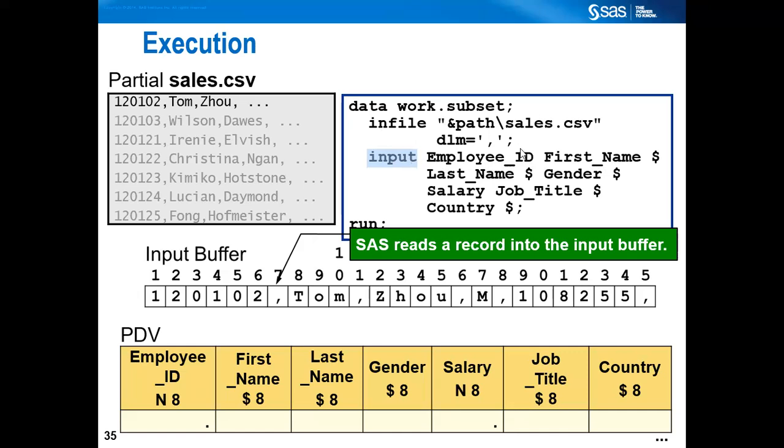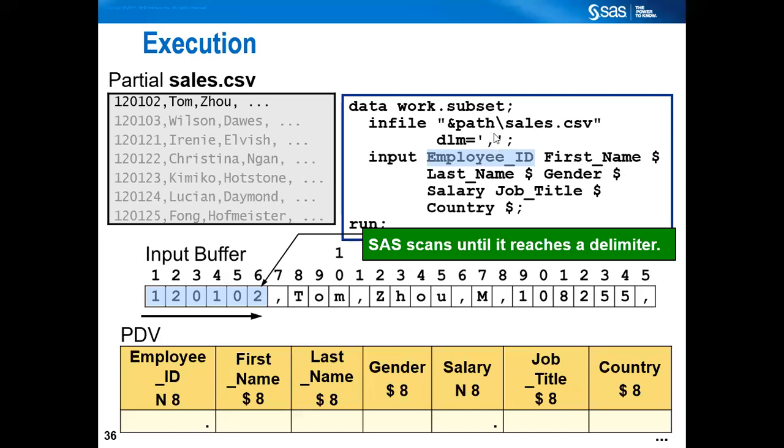Because SAS reads the statement from left to right, the next part is employee ID. Now how does SAS know that it has to read from here only till the comma? It's because you have specified this DLM option. So anything between the commas is the value for the variable.